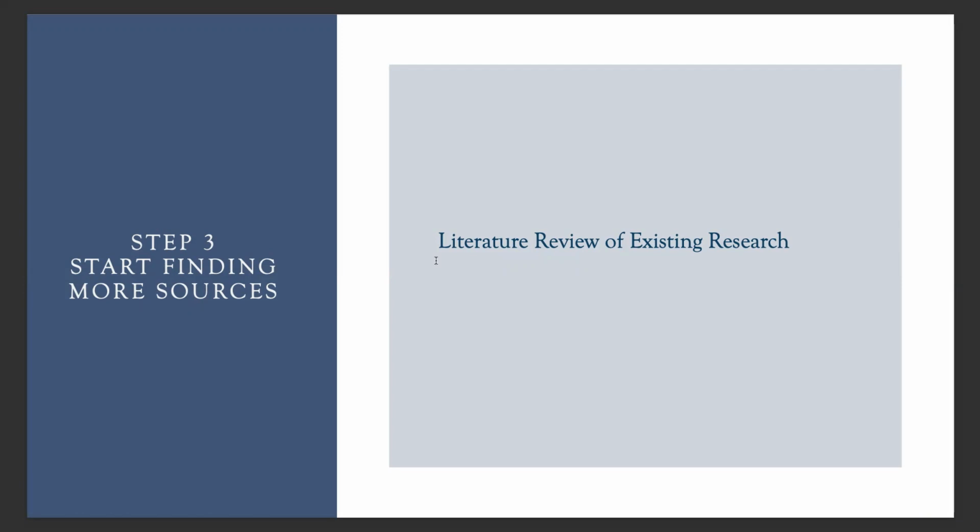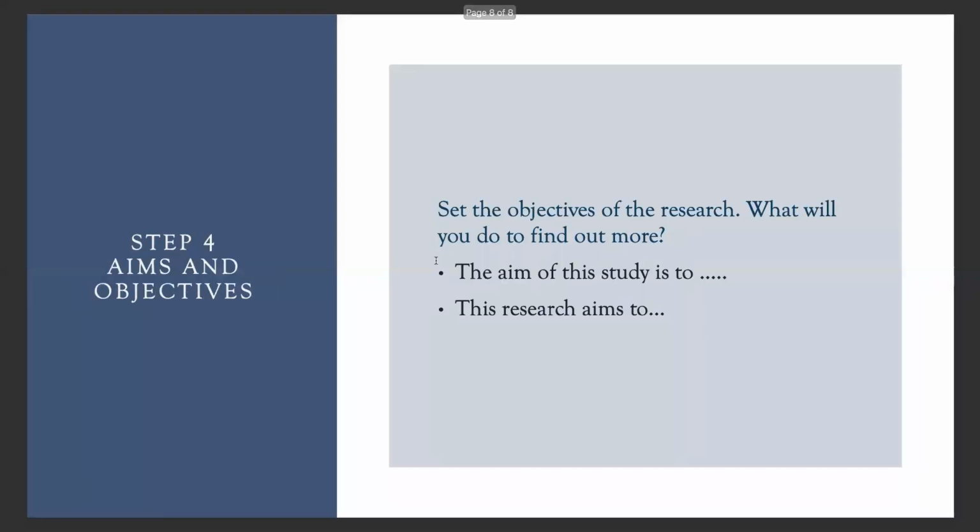So in order to know that, you have to do a thorough literature review to find more sources on what has been done, how much it matters, and who my target audience is, like who is going to benefit from this research. Once you know all that, you can set the objective for your research. So what will you do to find out more?